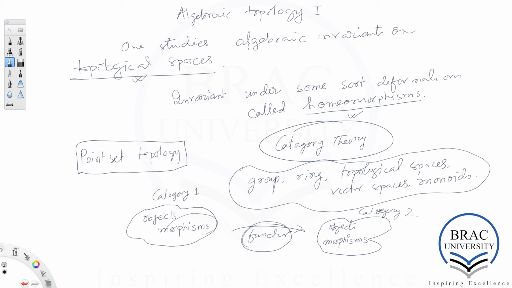So what we have mentioned here, these algebraic invariants are some sort of functors from the category of topological spaces to the category of groups. When I'm saying the category of topological spaces, the objects are the topological spaces and the morphisms are these homeomorphisms.